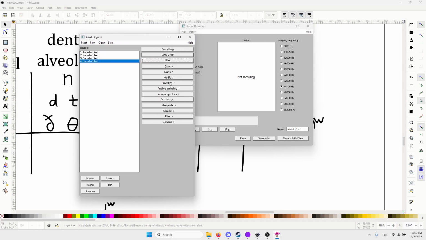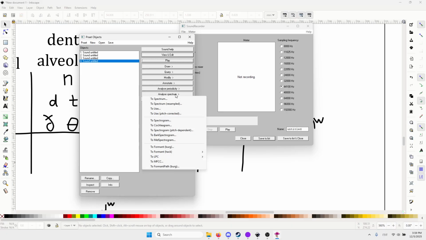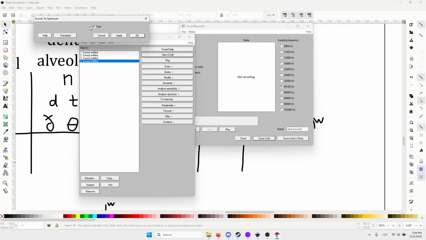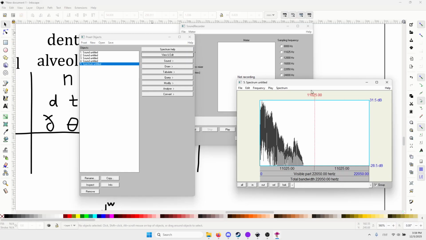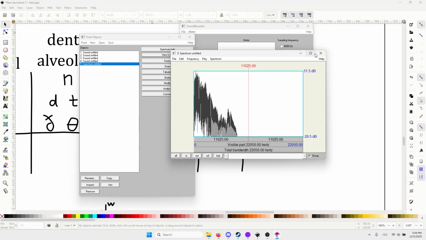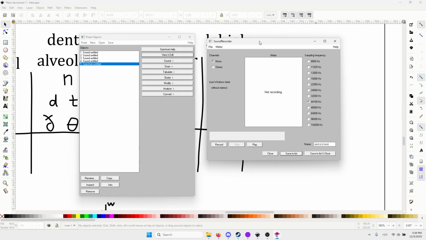I'm going to put it on, and let's see if... I don't know what I just did. Okay. Yeah, I'm not the best at using this.